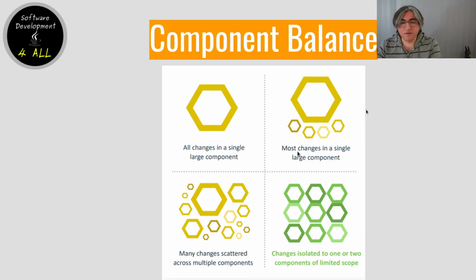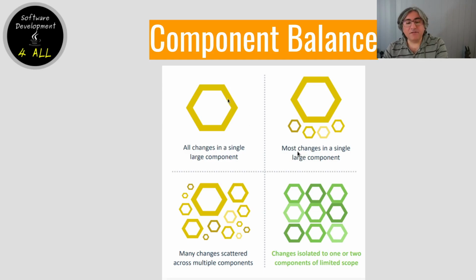So let's go to the next one, which is also an interesting one. I didn't know this one exists. I mean, in the back of my head, I know the benefits, but I've never really looked at it this way. So component balance says something about how much would you need to change and where would you need to change it to affect the change that is desired.